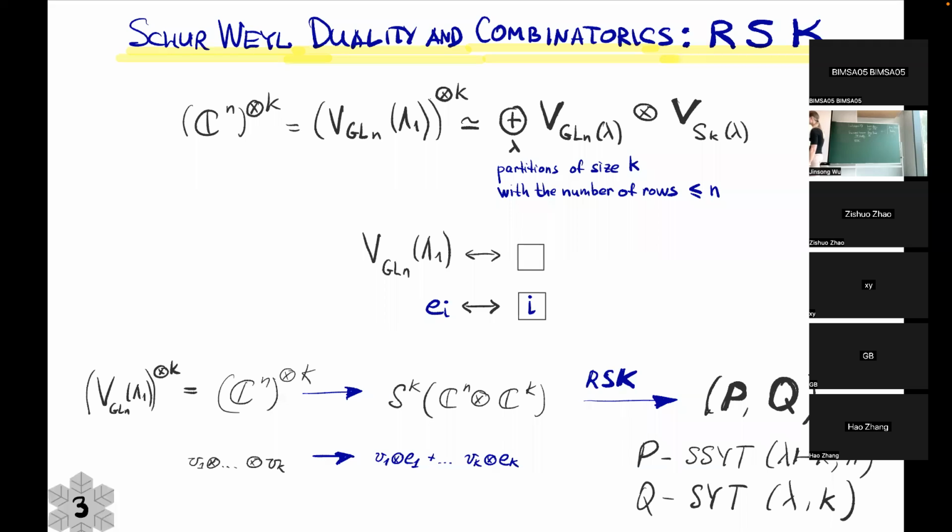And inside this module we have the basis, which corresponds to the filling of this diagram like that. So this is the standard module. Then we can consider this decomposition. Using the usual RSK correspondence, we get a pair of a standard Young tableau and a semi-standard Young tableau. In that way, we can produce the diagram.